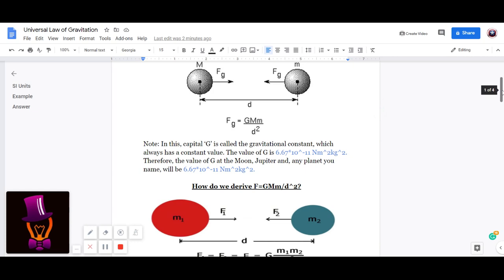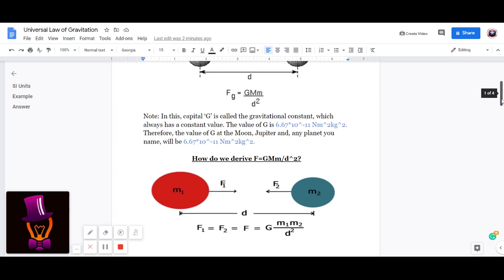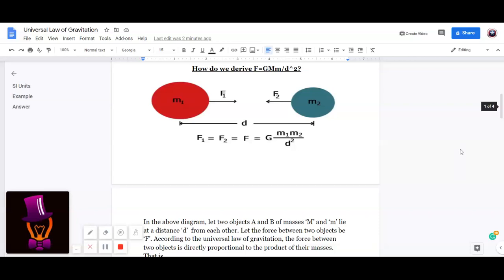Now let us see how we derive this equation. In the above diagram, let two objects A and B of masses capital M and small m lie at a distance d from each other. This is object A and this is object B, this is capital M and this is small m, which is replaced with M1 and M2, which is the same.